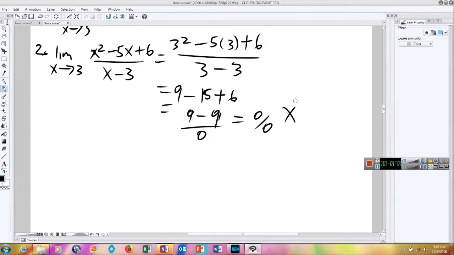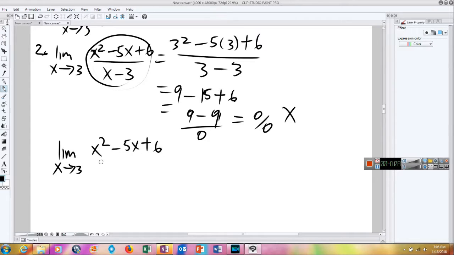So what we have to do is go back here and figure out what we're going to do to it. And here's what we're going to do. We are going to use the AC rule on the numerator here. So we're going to rewrite this question: limit x tends to 3 for the function x squared minus 5x plus 6.